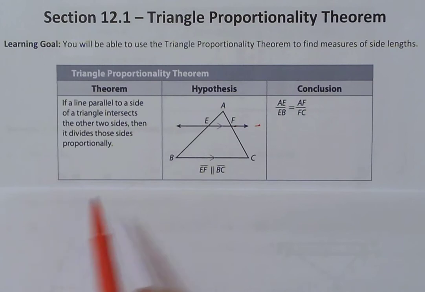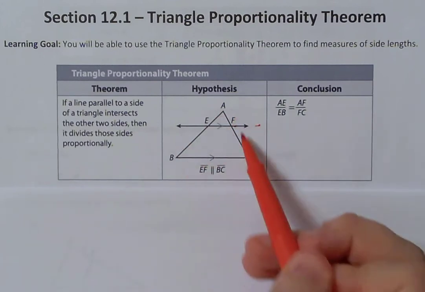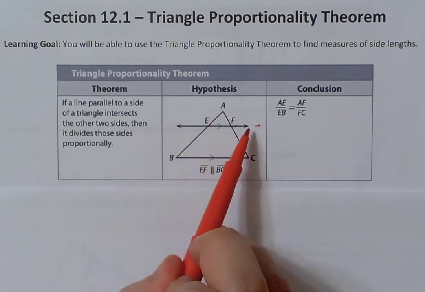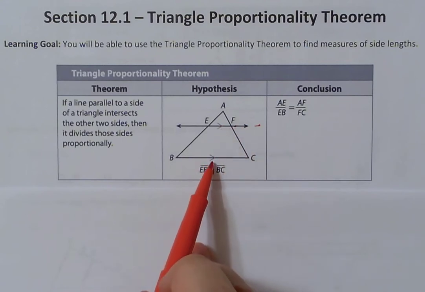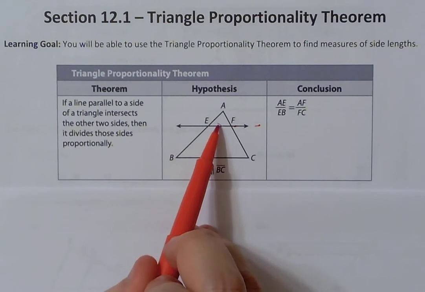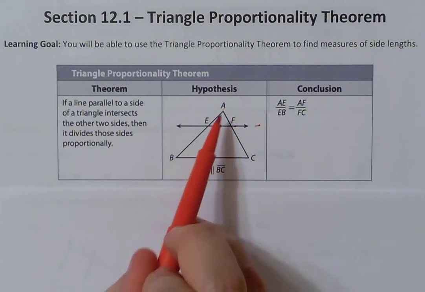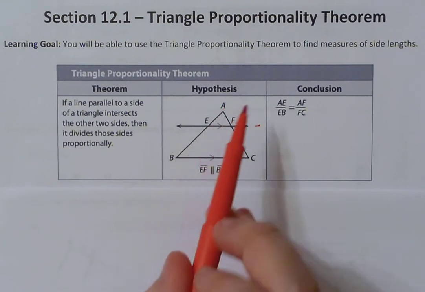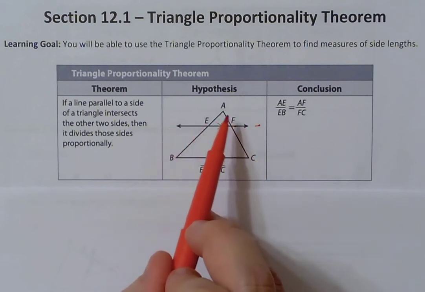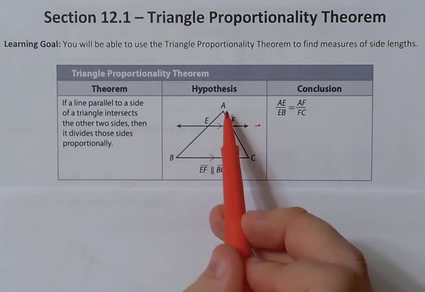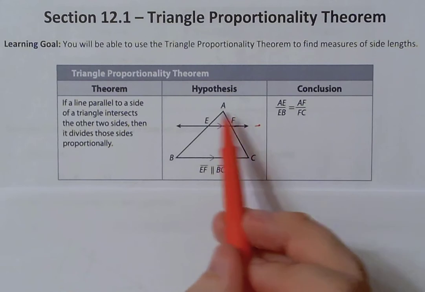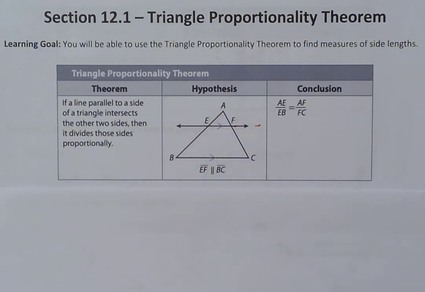So, what this means is if we have the triangle ABC and the line EF cuts through the triangle, if EF is parallel to BC, then EF is going to divide these two sides proportionally. That means that it's going to cut AB into AE and EB and AC into AF and FC, and that those parts are going to be proportional to each other.